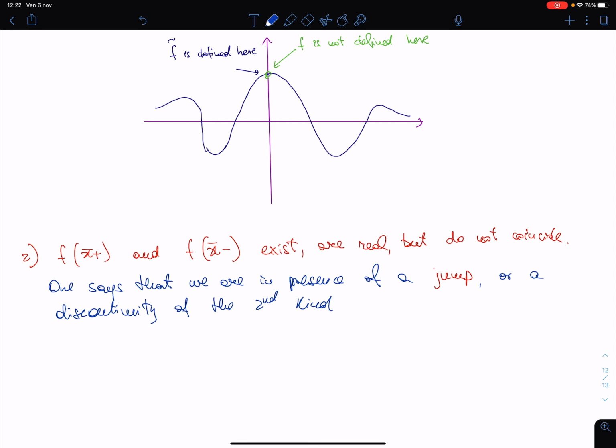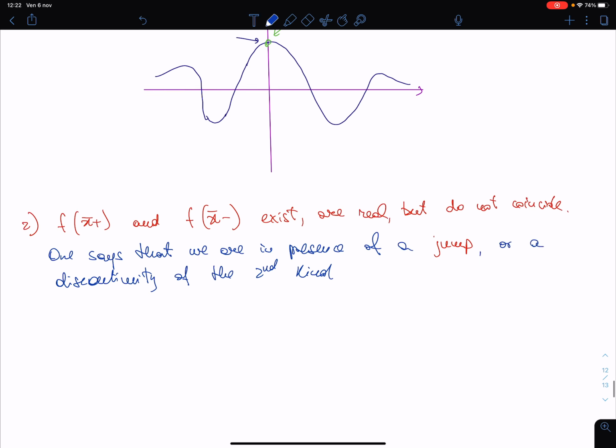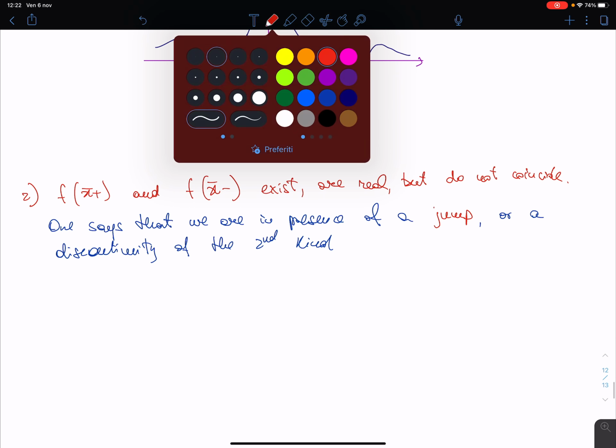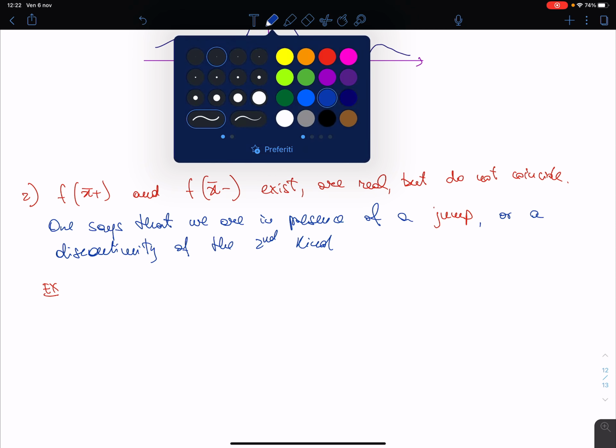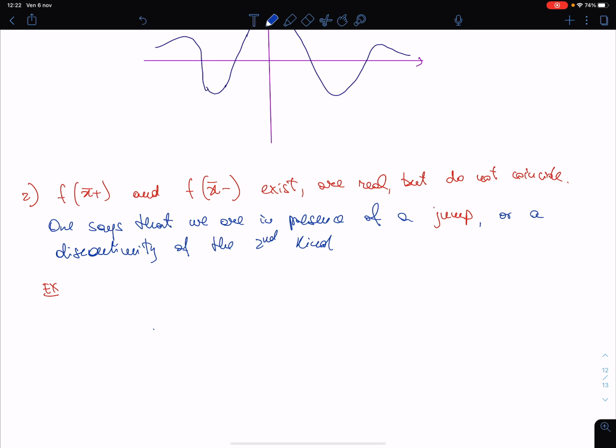What is the kind of the discontinuity? It always depends on books. So I'm really not very fond of this sort of classification, but when you say a jump, it is clear what you mean, and the typical example is the sign function.